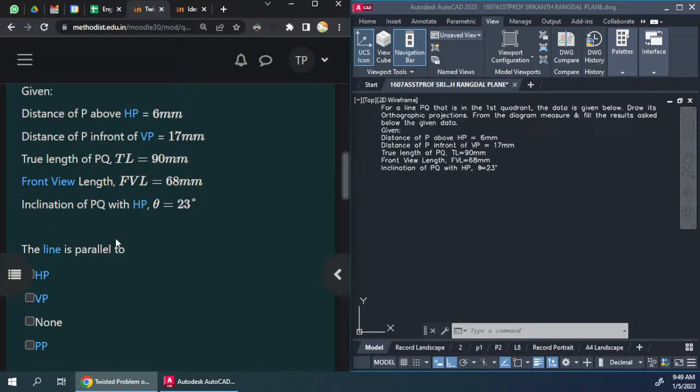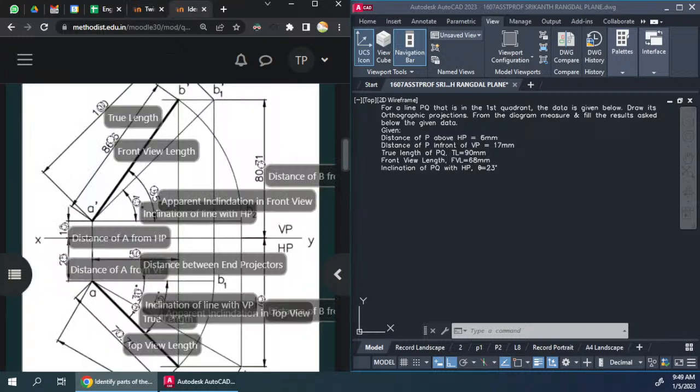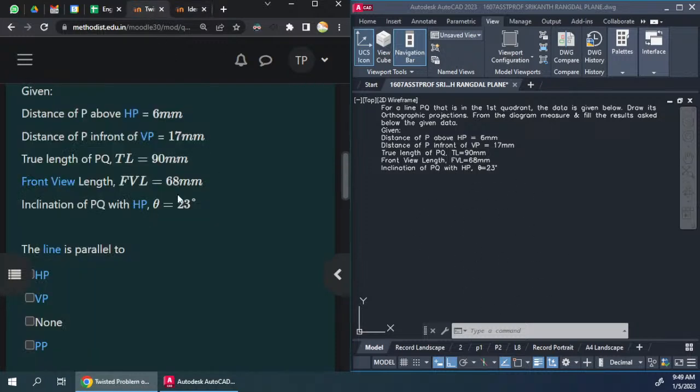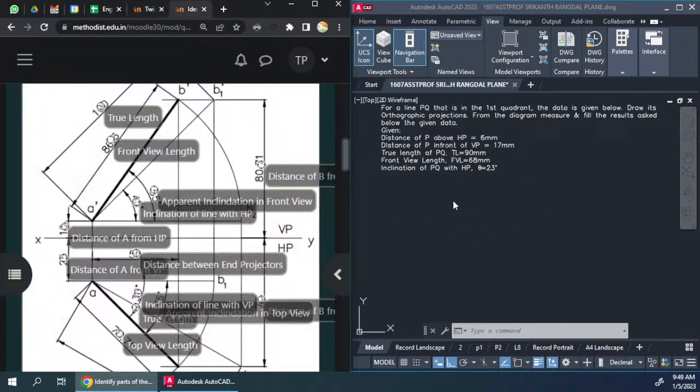So this data needs to be fed into the diagram. Here we have to identify whatever data is given, and draw the diagram based on it. Once that data is drawn, we need to complete this diagram.